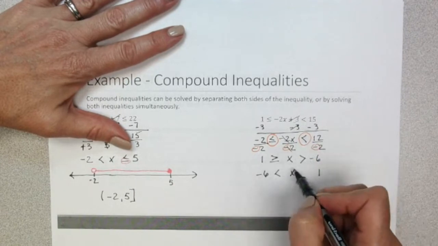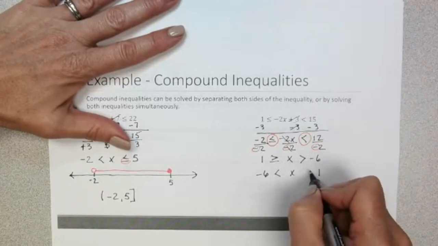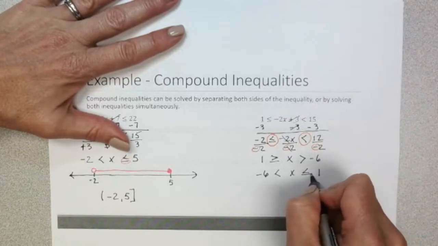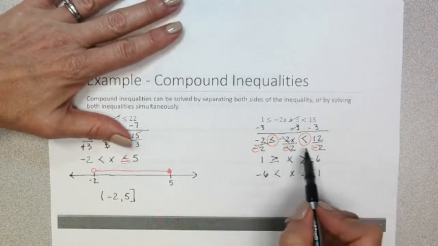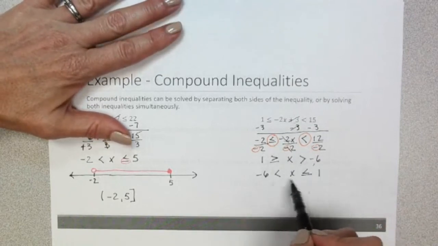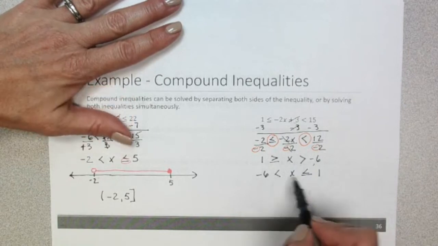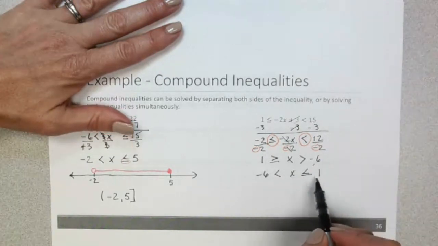So I want a less than sign in there. And the 1 is greater than or equal to the x, right? So I want to say a less than or equal to there as well. All right. When I reverse the order of these inequalities, I need to flip these signs back again. All right, so there's the inequality solution. -6 is less than x is less than or equal to 1.